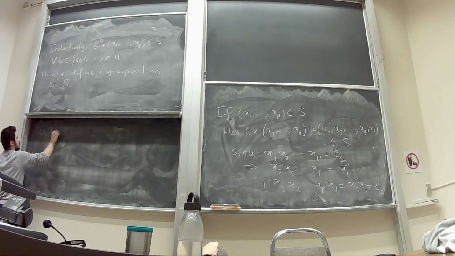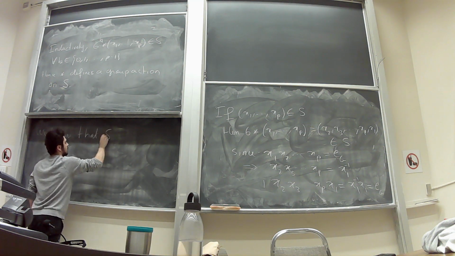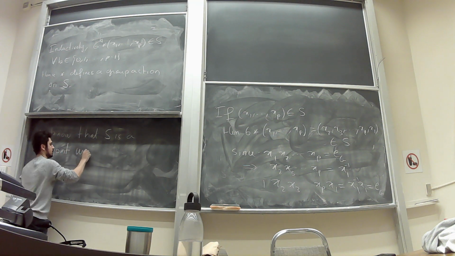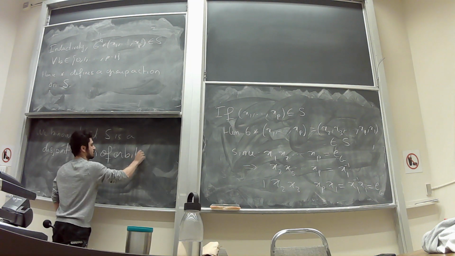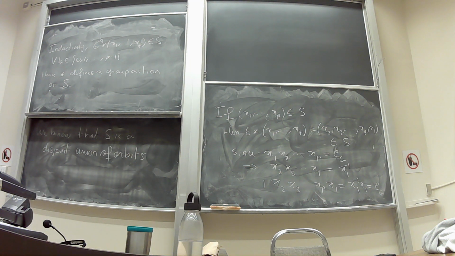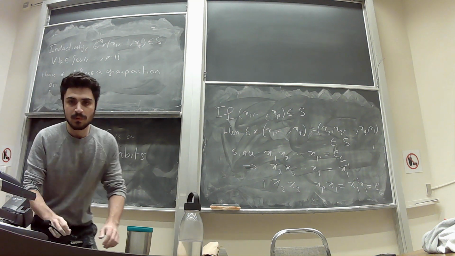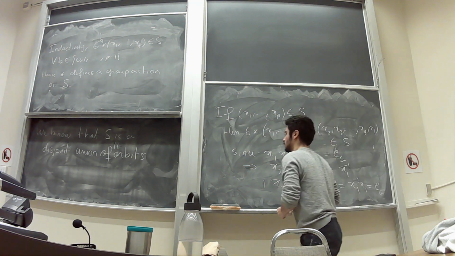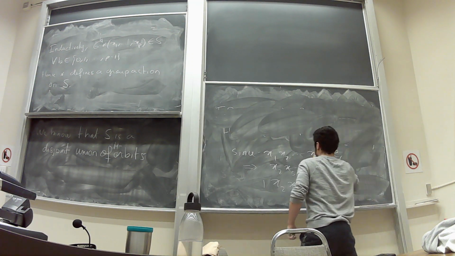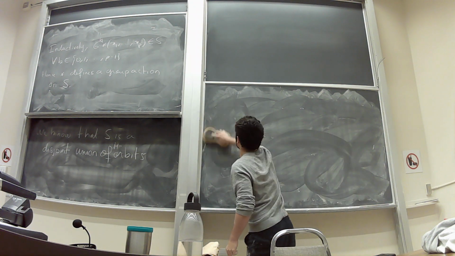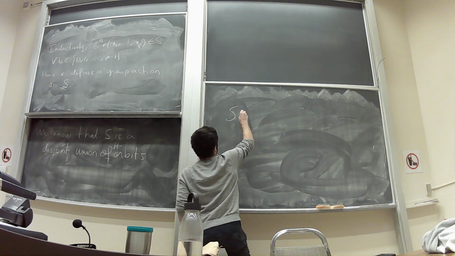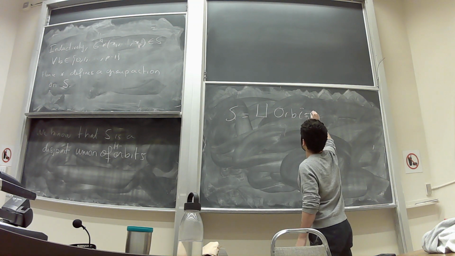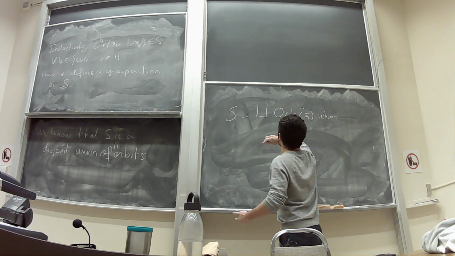We know that S is a disjoint union of H orbits, I mean the orbits of the action of H. Hence I can write S as the union of the orbits of S_i, where S1, S2, up to Sn are representatives of the distinct orbits.